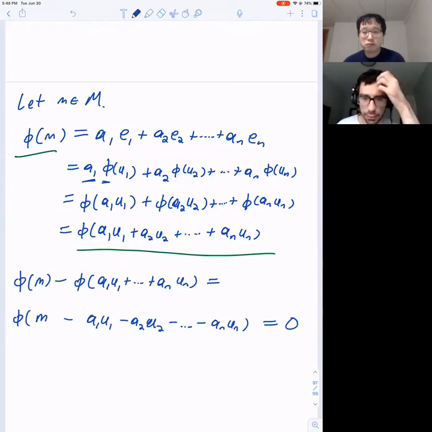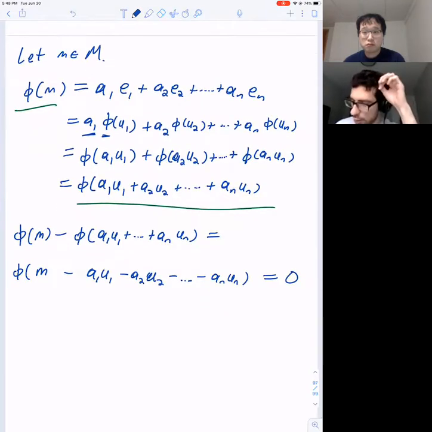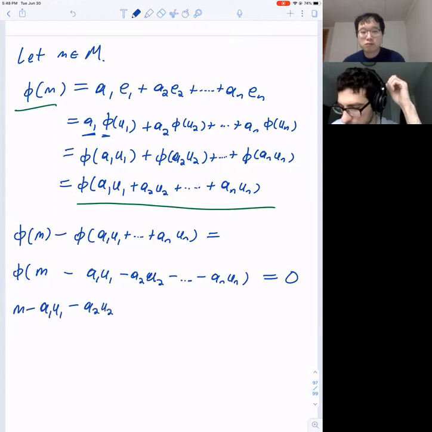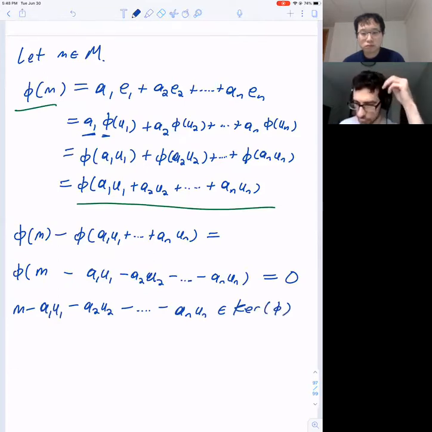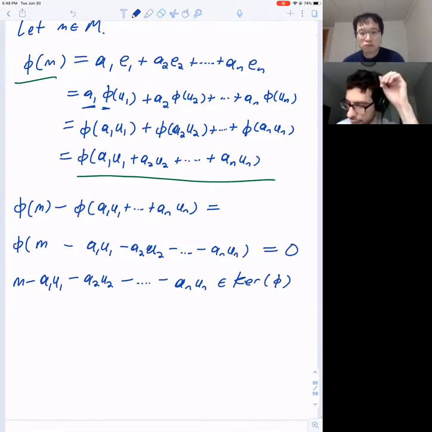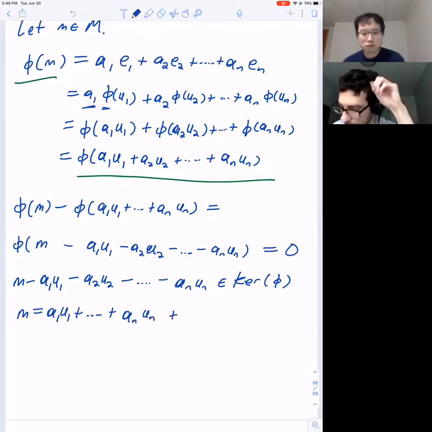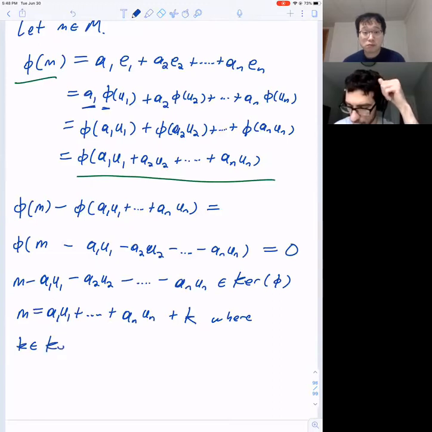Okay, now what? This means that m minus a1 u1 minus a2 u2 ... minus an un is in the kernel of phi. So I will say that m is equal to all this plus some k, where k is in the kernel of phi.